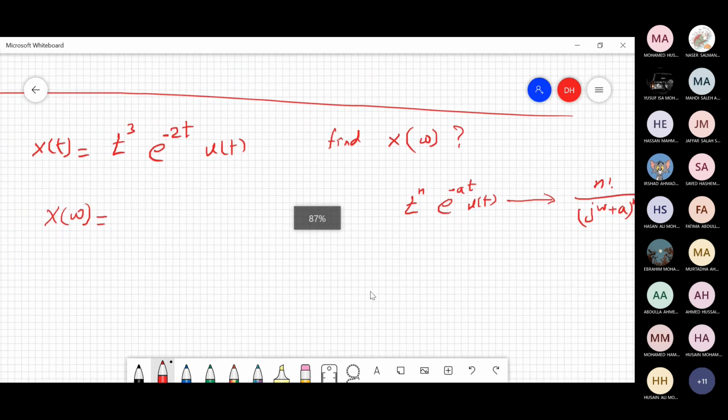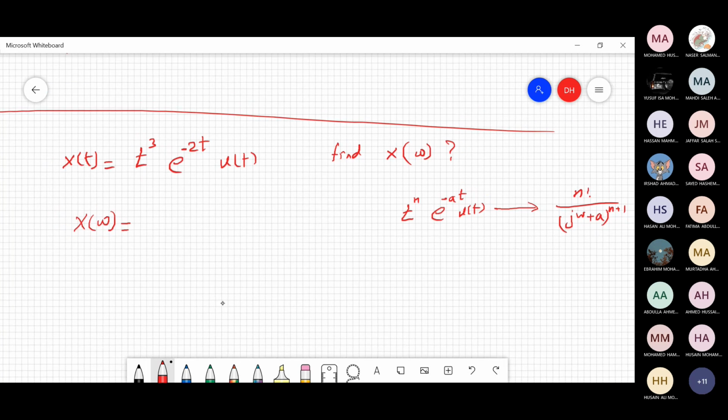So then n equal to 3. So 3 factorial, it is equal to 6, divided by j omega plus a, with a equal to 2, to the power of n plus 1, so 3 plus 1 which is equal to 4.